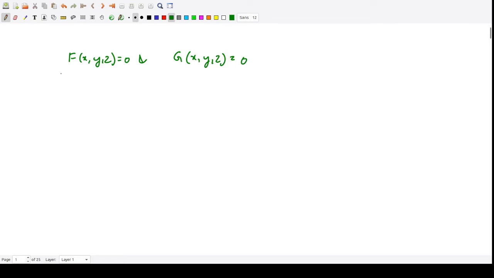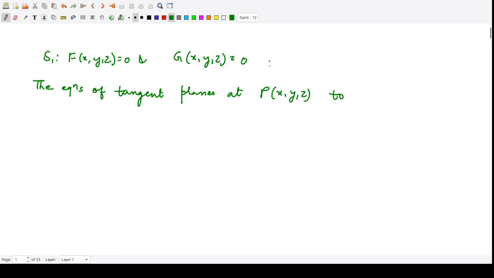Then we will write the equations of the tangent planes at the point P(x, y, z) to the first surface and the second surface, that is, to S1 and to S2.